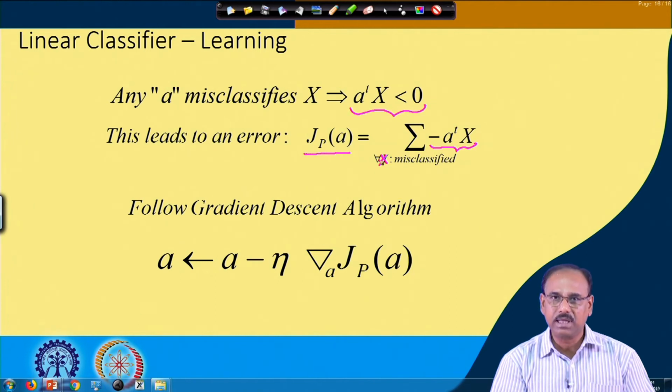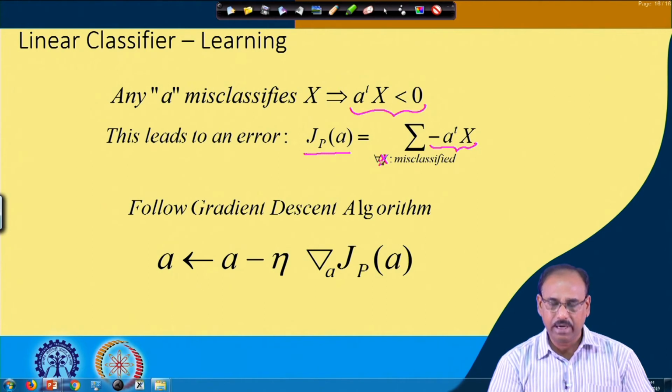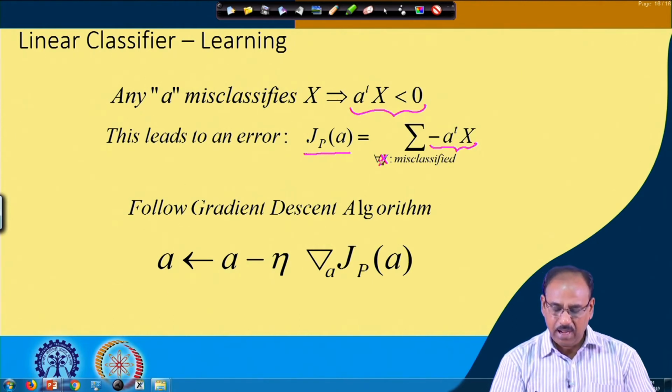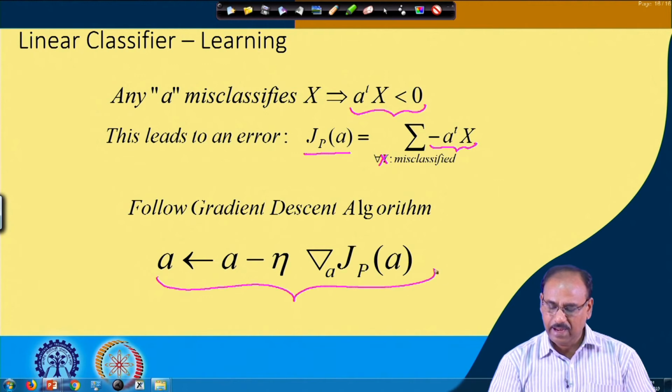Once I have this error measure, I can modify A following the gradient descent algorithm. We will discuss more about gradient descent later. This algorithm says that I have to shift A in the direction of the negative gradient. So, the updation rule is A gets A minus eta times the gradient of J_P(A), where eta is a scale factor known as the rate of convergence.